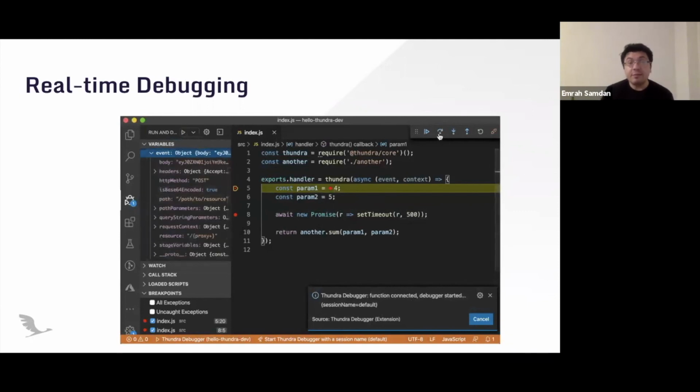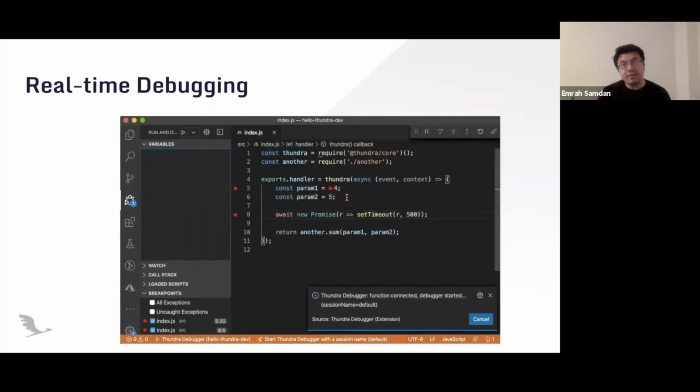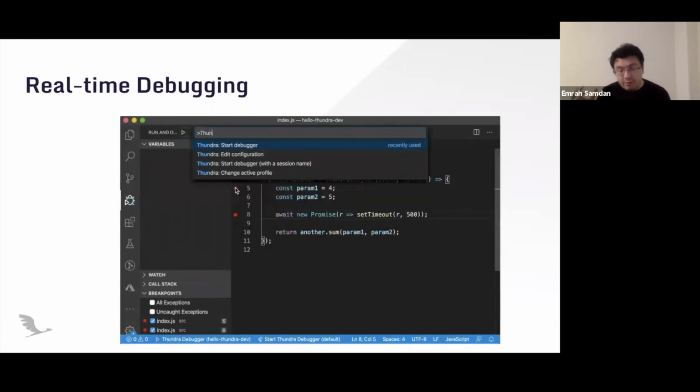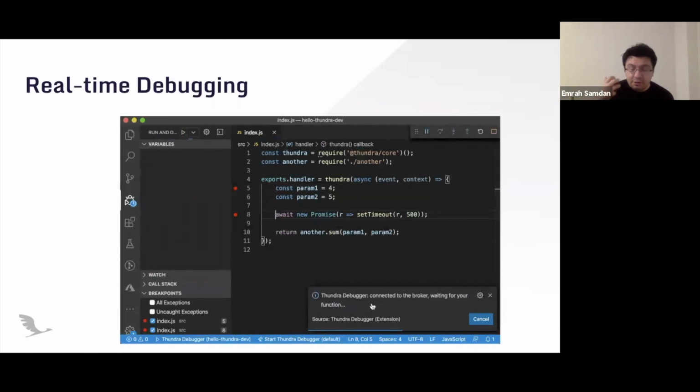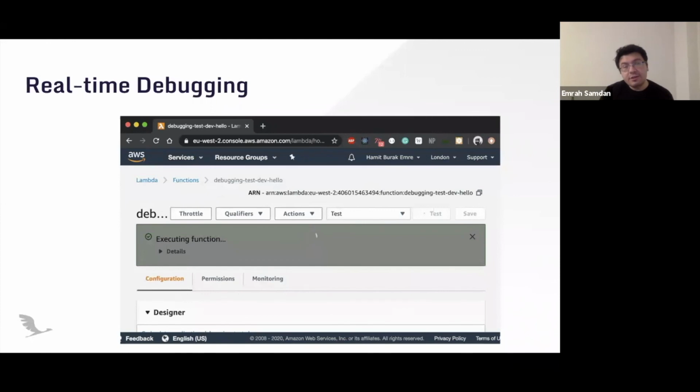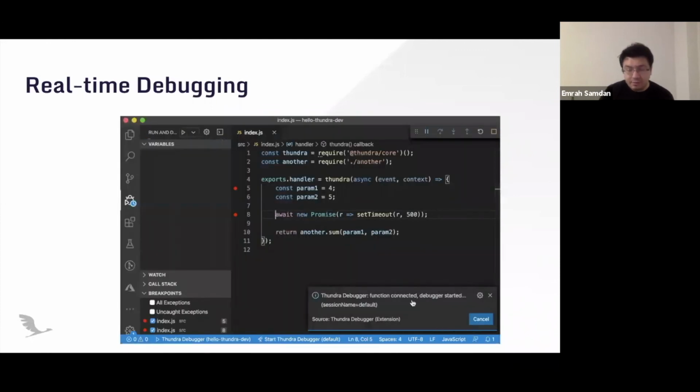Lambda runs on its native architecture, on the cloud. We are not simulating anything here. You put breakpoints in your IDE, and we can pause and play the invocation while it's running on the cloud. This is a unique experience for debugging real-time applications, and it helps a lot because you can play with the variables, play with the code, and see how it changes the flow.